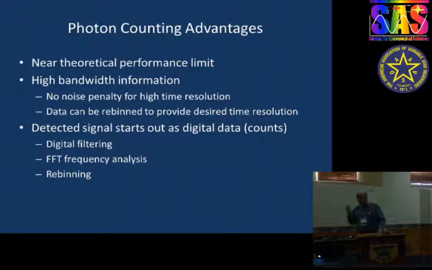That's a very important point, and I'll use that later on in the talk. And finally, the detected signal starts out as digital data, so you can immediately apply digital filtering, low pass, high pass, and FFT analysis, or you can digitally rebin it to whatever level you want.